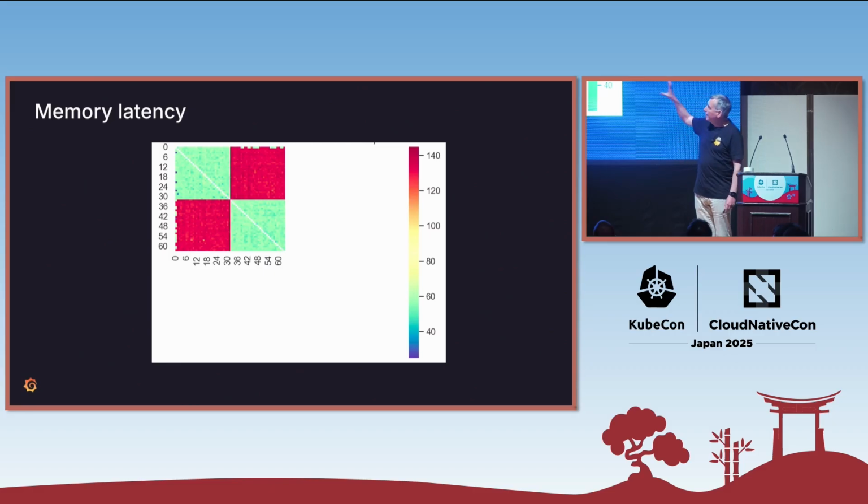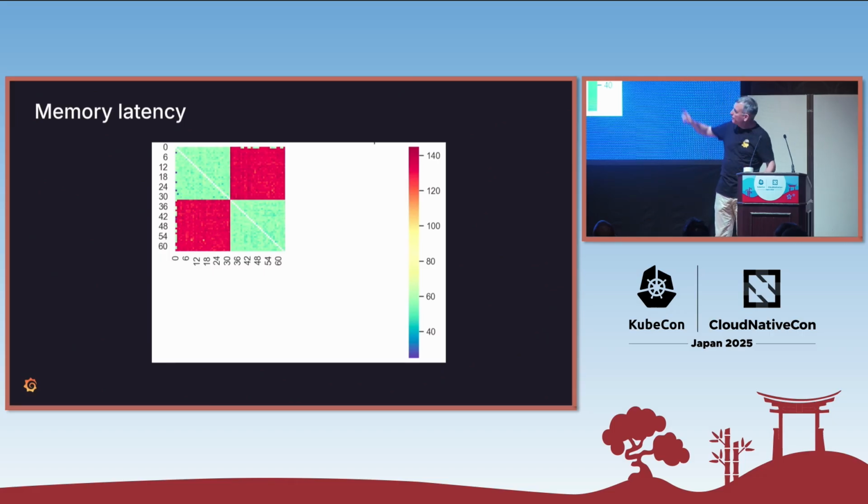This is a picture of the timings. I simplified. Basically, there's the green bit. This is in nanoseconds. In the green bit, you can talk to memory at about 50 nanoseconds. And in the red bit, it's something like 140 nanoseconds. So it's about 3 times as slow to go from the fast section to the slow section.